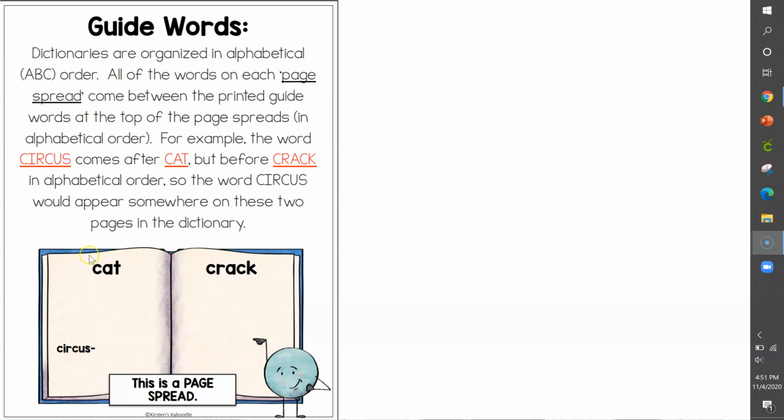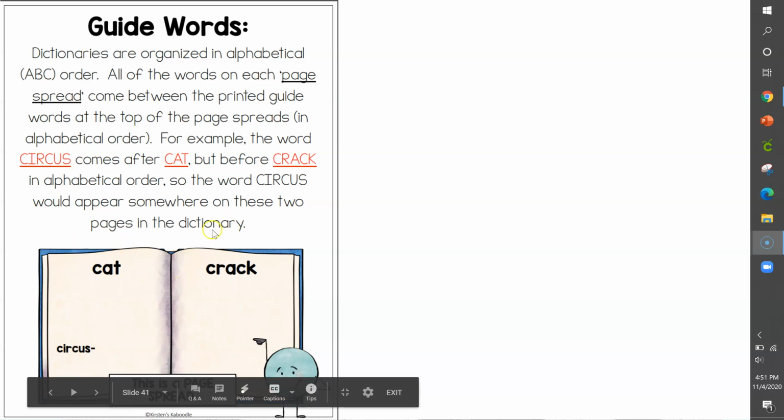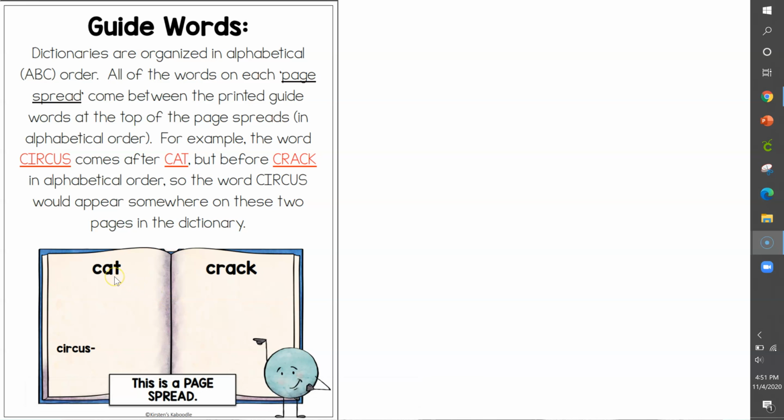Some dictionaries have guide words for each page, meaning the first and last word on each page. Keeping that in mind, that cat is the first entry on this page, crack is the last entry on this page, circus is somewhere on these pages in the middle because it falls between cat and crack alphabetically.